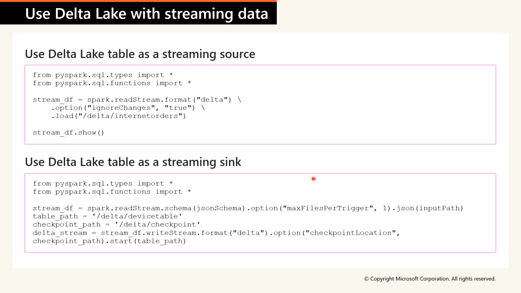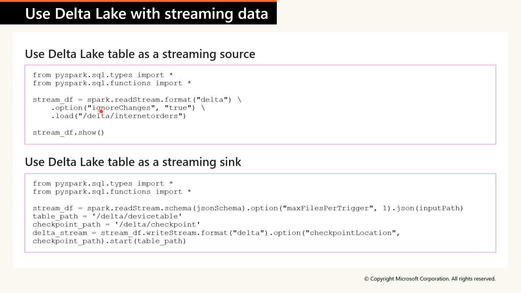If we move to the next slide, we'll see how to use Delta Lake with streaming data. The first piece of code tells us how to use .readStream, where we start to read the streaming data. Earlier we used .load, which is used for batch data, but for streaming data we use spark.readStream, and with .format we mention what type of format we are looking at.